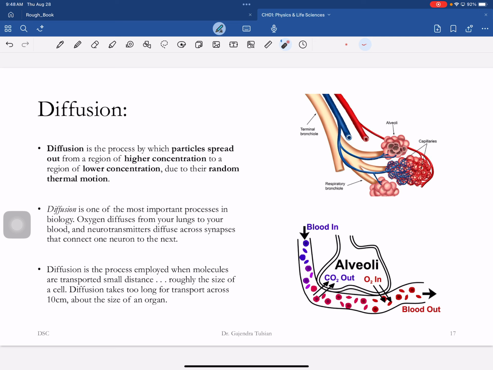Okay. Why does oxygen from the alveoli move into the blood? Because there is none in the blood currently. Okay, so that is diffusion. Wherever the oxygen molecule concentration is higher, it will diffuse toward the lower concentration.